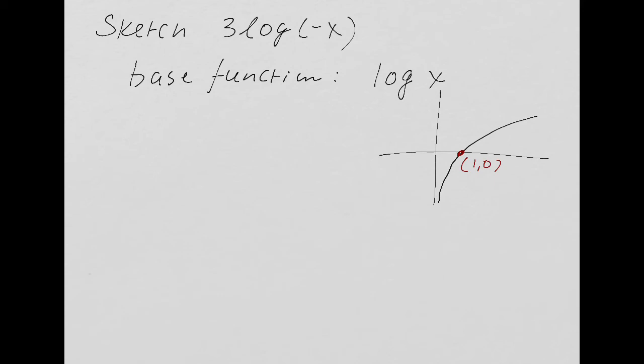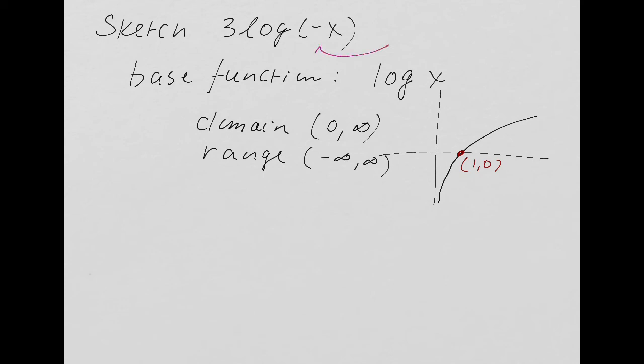So let's think a little bit. I guess there are probably some questions about the domain and the range of this base function. Well, just like for ln, the domain is the numbers from 0 to infinity, not including 0. The range is all real numbers. And then I think we also need to identify the transformations that are taking place.